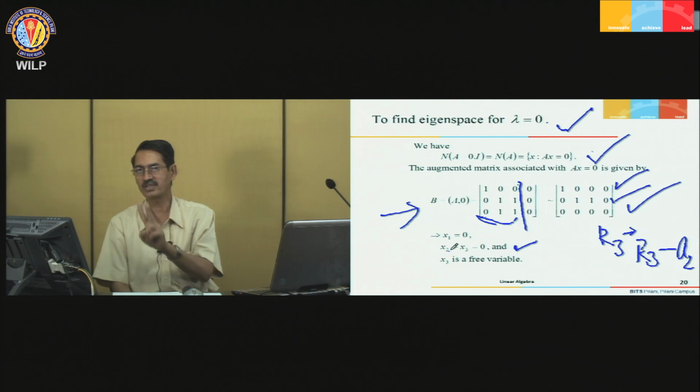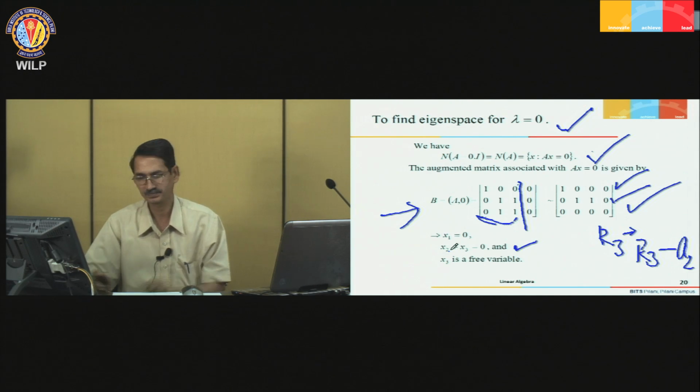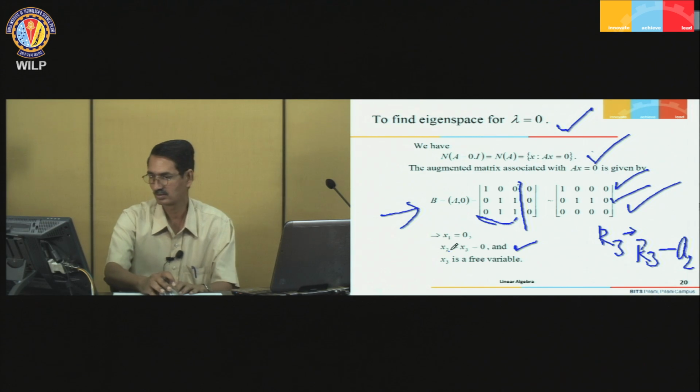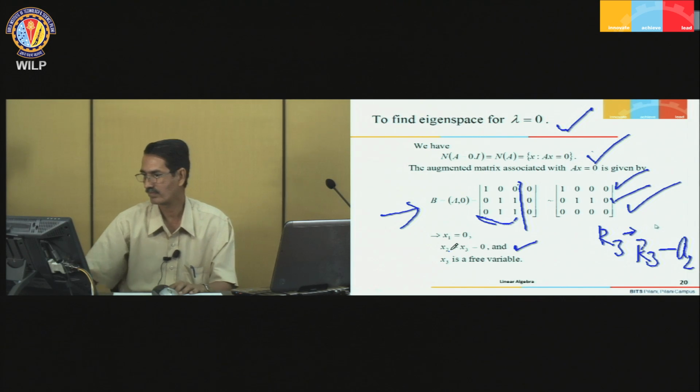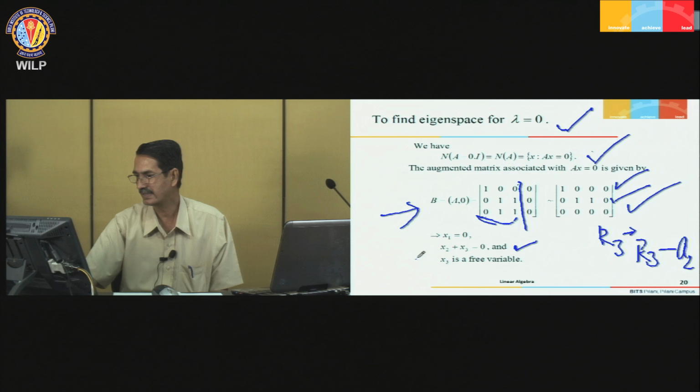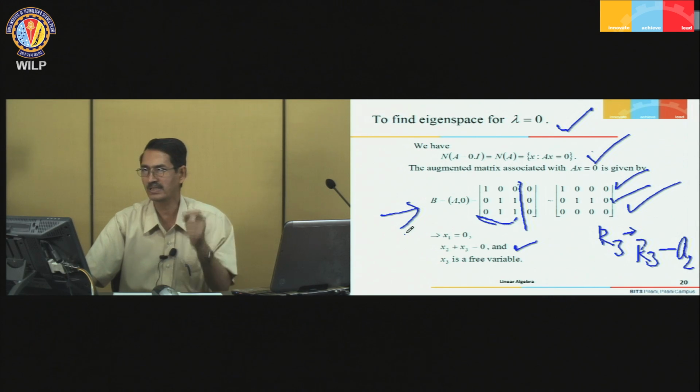So, from here let us see what we are getting. First of all, we are getting that x1 is 0. So, x1 is always 0.